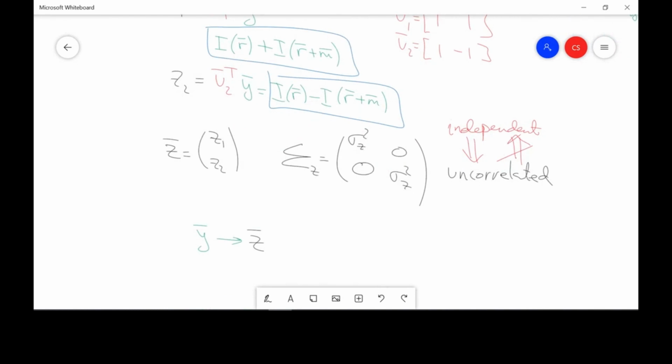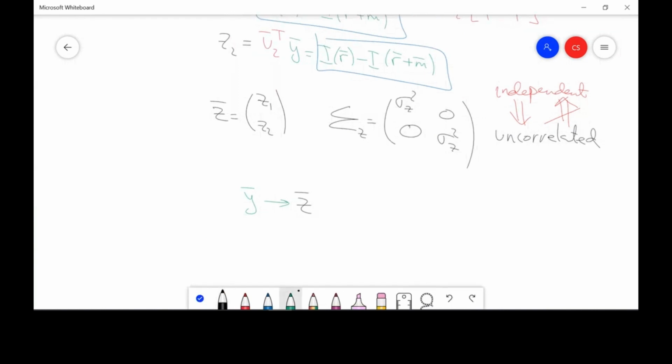So if you have the joint probability distribution of y1, y2, you can compute this as a function of the joint probability distribution of z1, z2. This is a function of this. And you may remember this when you were doing change of variables in multivariate statistics and computing joint probability distributions.